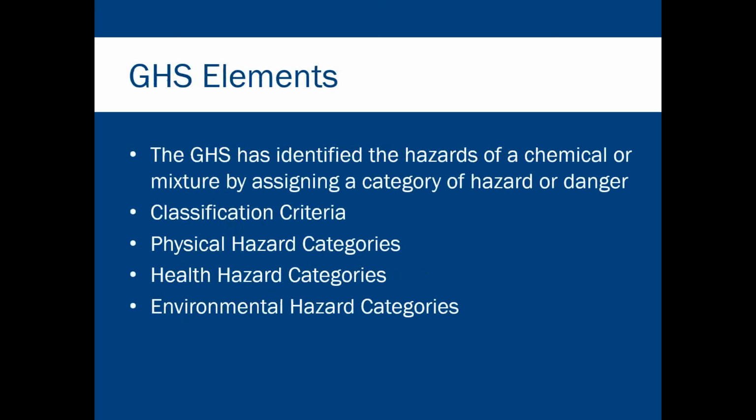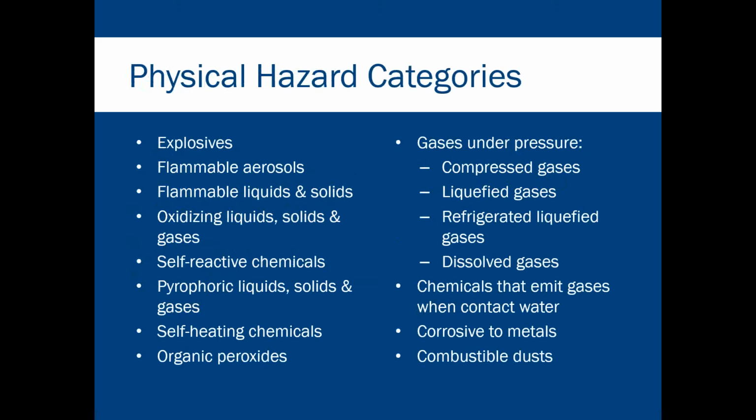GHS elements. One of the things that GHS did is to classify and categorize the chemicals. The classification criteria are grouped by 3 categories, and these are physical hazards, health hazards, and environmental hazard categories. The physical hazard category is basically the chemicals that are going to damage your body or threaten your safety.